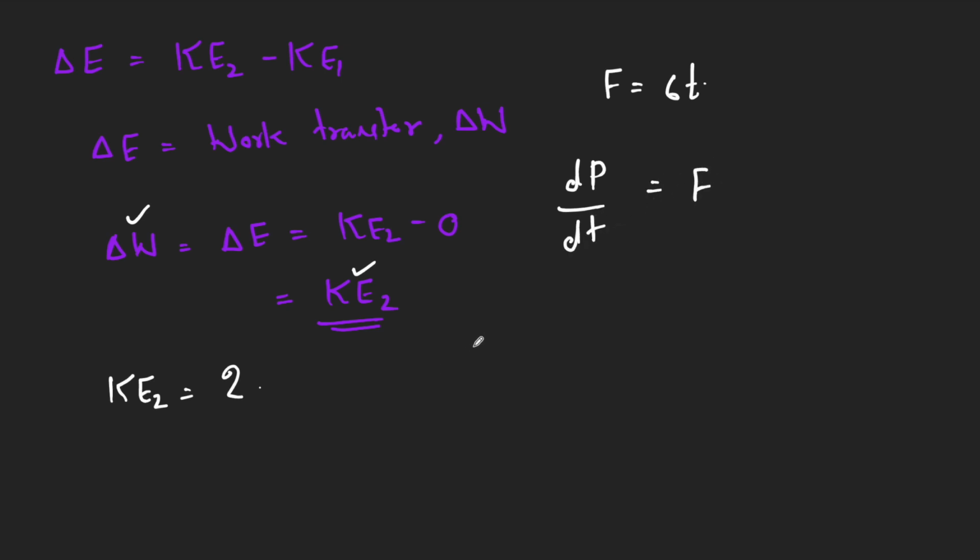Momentum is represented by P, so the rate of change of momentum is dP by dt, and dP by dt must be equal to F. That means the change in momentum dP must be equal to F dt. What is F? 60. So 60 dt must be equal to dP, right? The change in momentum of the body at any instant t is 60 dt.